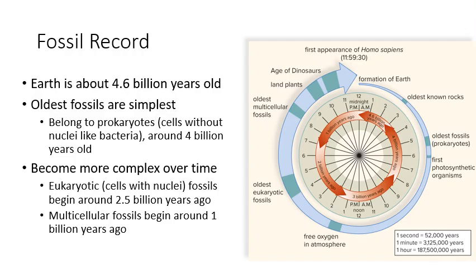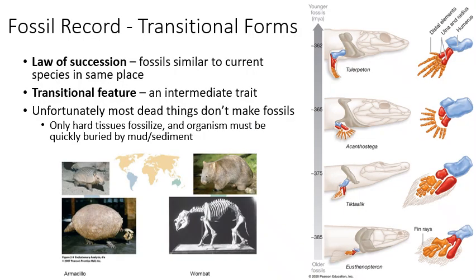So in the fossil record, we're able to see that life has a very long history on Earth, and we're able to see a progression over time from simpler life forms to more complex life forms. And a couple of things you can observe in the fossil record are the law of succession and transitional features.